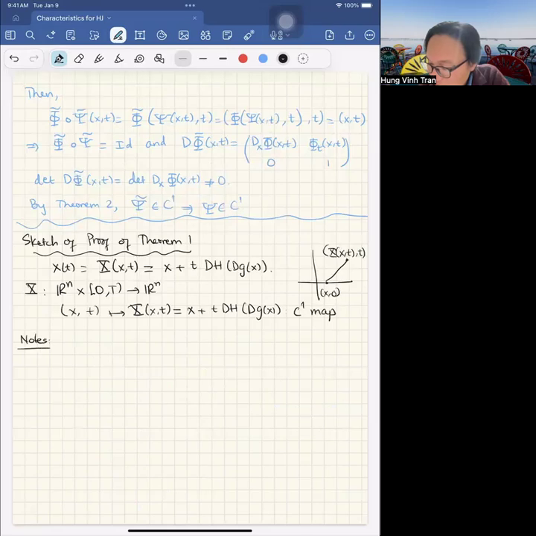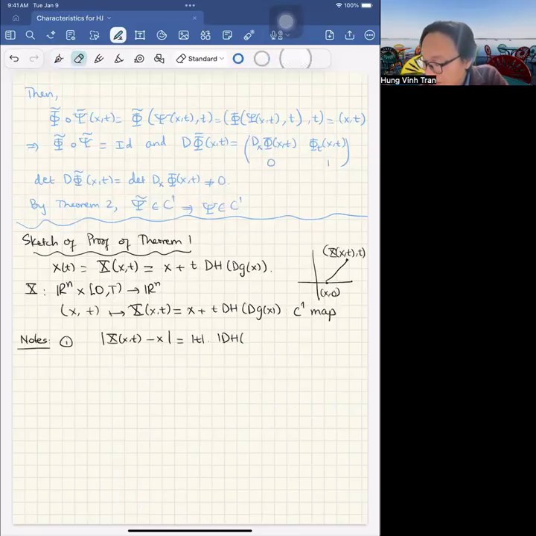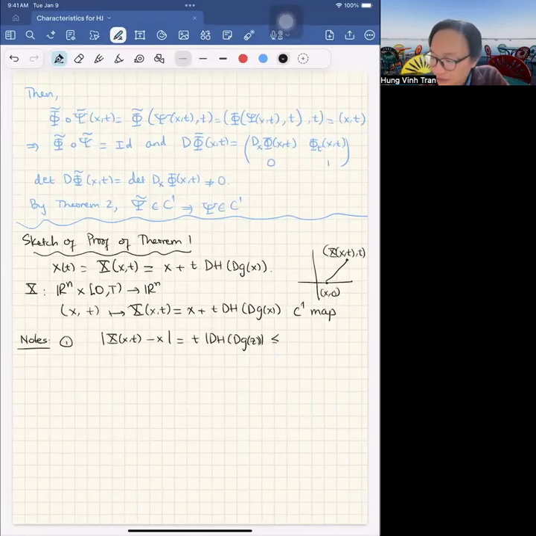First, capital X minus x is just t times Dh of Dg, and we assume Dg is bounded, so this is less than or equal to M for t less than capital T.